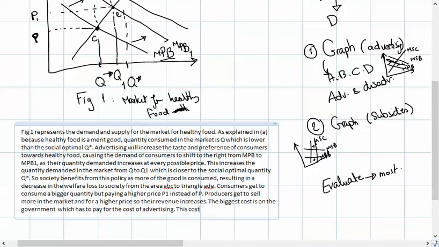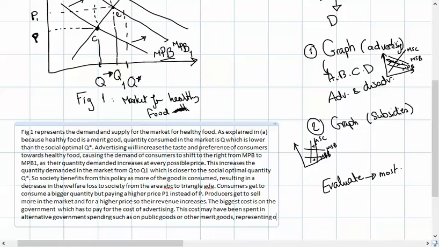This cost may have been spent in alternative government spending, such as on public goods or other markets, representing an opportunity cost to the government.